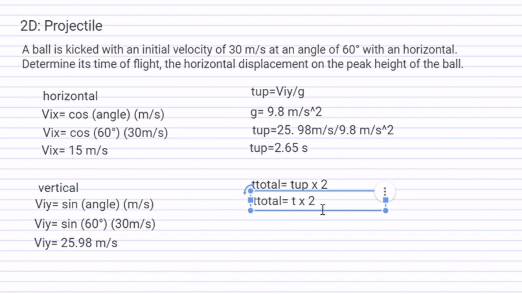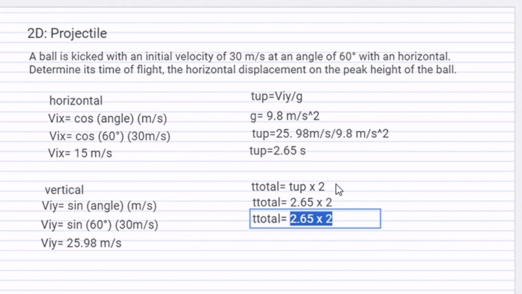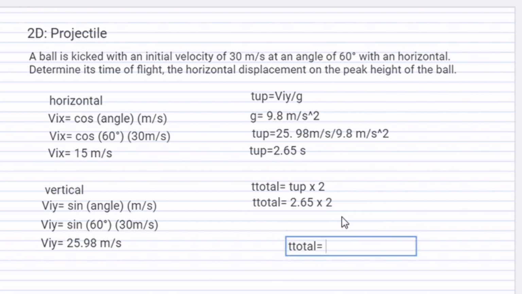The value of T up is 2.65. The 2 in this formula is a constant. It is always constant whenever you solve the T total. So the value is 5.3 seconds. Here you go.